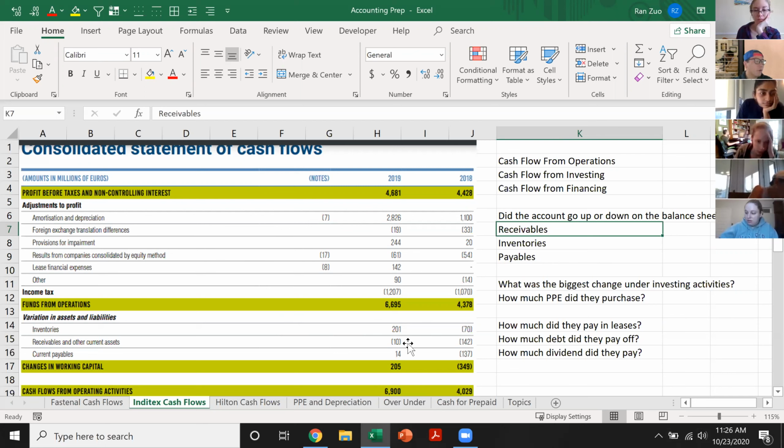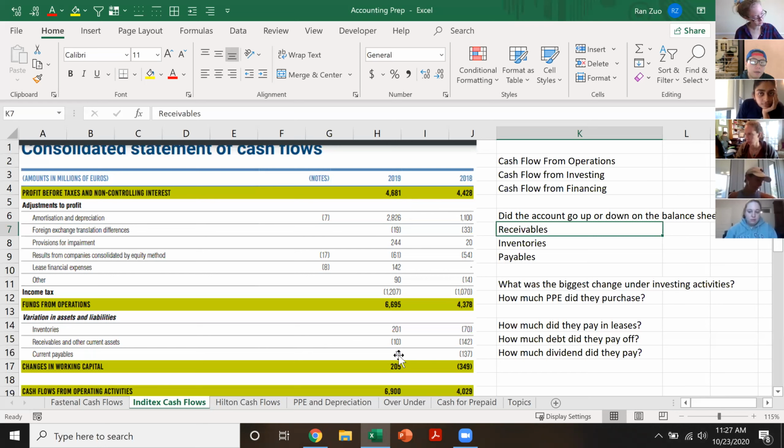Does that make sense to everybody? You didn't collect. Explain that. Yeah, so if receivables go up, the revenue numbers are all incorporated into this profit before taxes, right? The revenue incorporates the revenue that you got in cash and also the revenue that you got on credit. Some customers haven't paid you for that revenue or for delivering the goods, right? You bought a dress on credit.